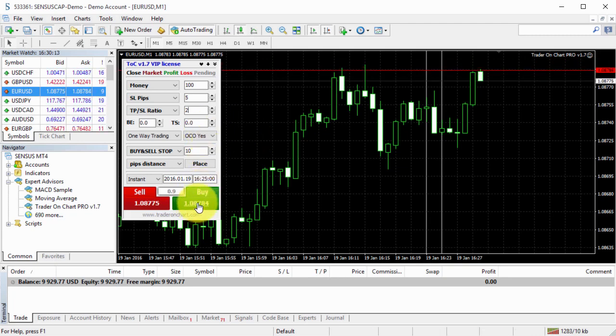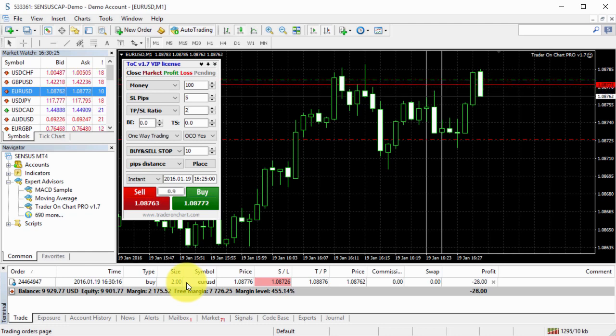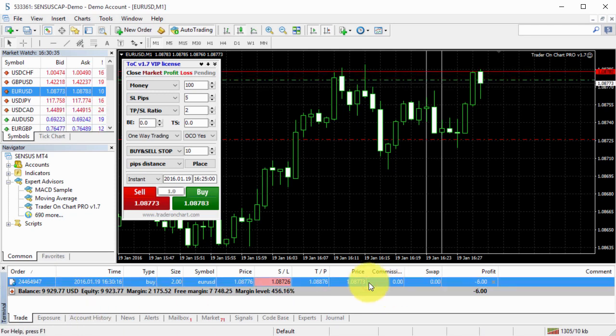And then I will open a buy trade. And now it shows to have a lot size of 2, and this means that if my stop loss gets hit of 5 pips, the trade should lose approximately $100. And if it hits take profit, obviously it should win 2 times that.